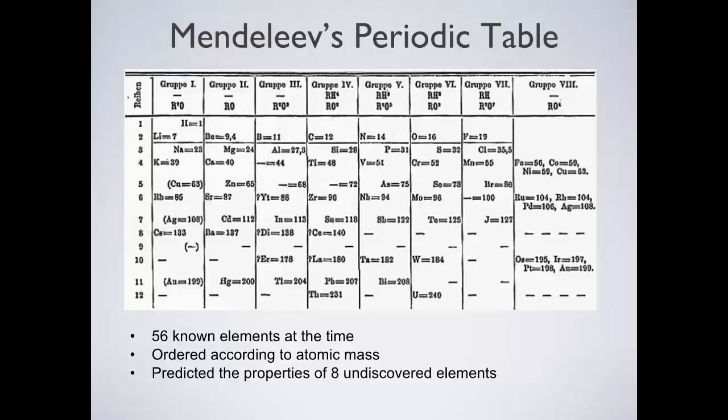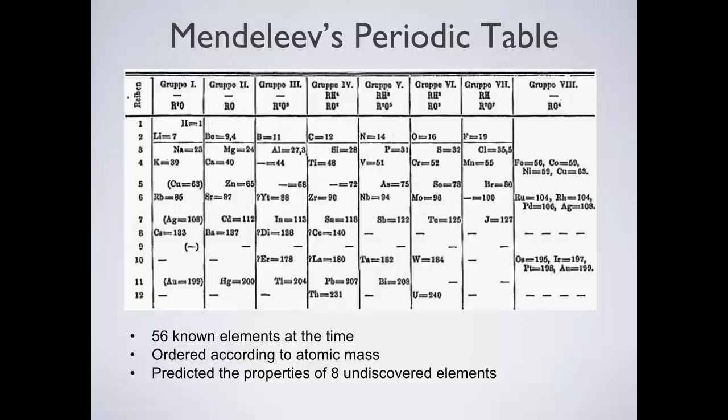One interesting thing is that along the way, there are some elements that Mendeleev thought should exist, but nobody had found before. And he left gaps in his periodic table to fit those.